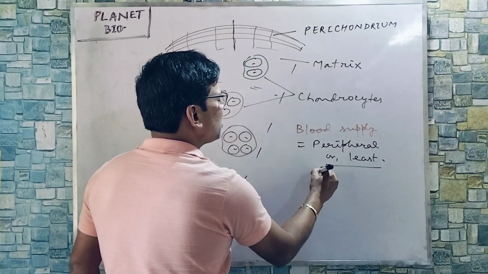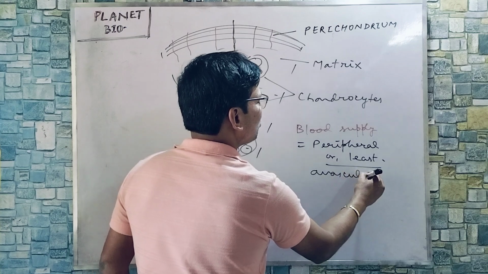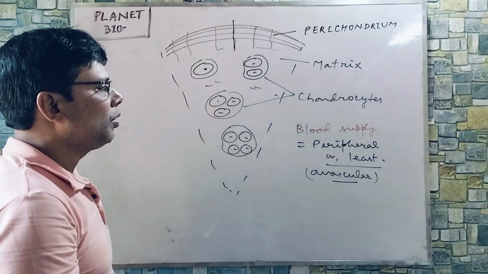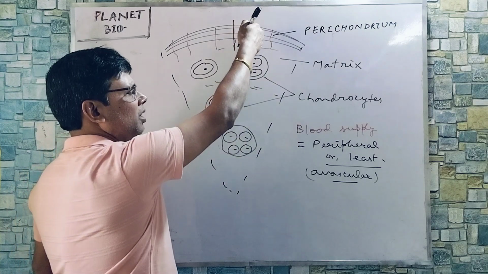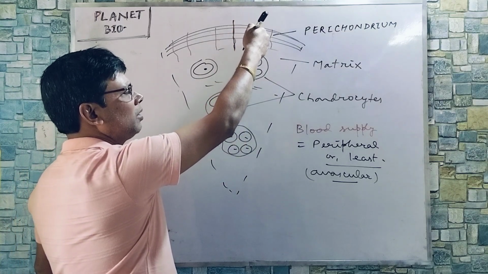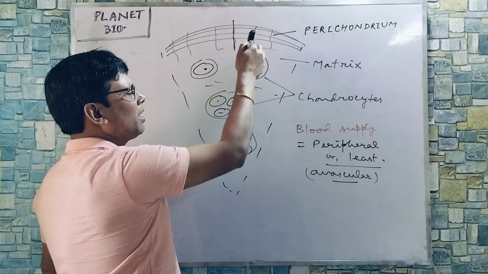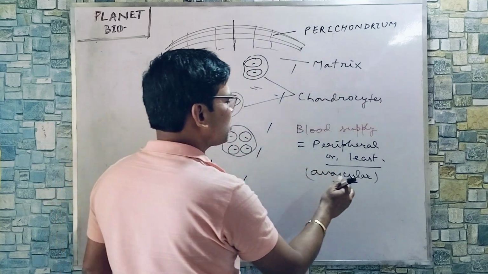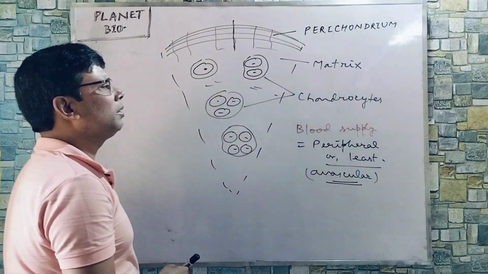So sometimes scientists believe that it is going to be non-vascular or avascular, like epithelia. So blood supply is peripheral there, at the periphery, at the edges, and the amount is going to be least or almost zero. That means avascular or non-vascular.